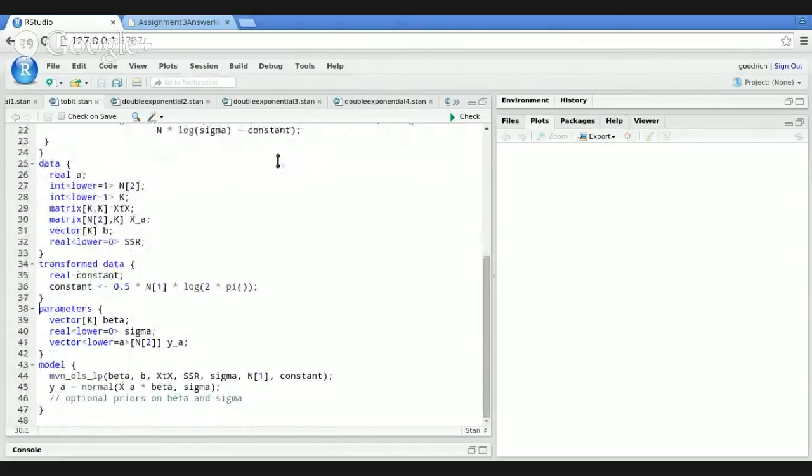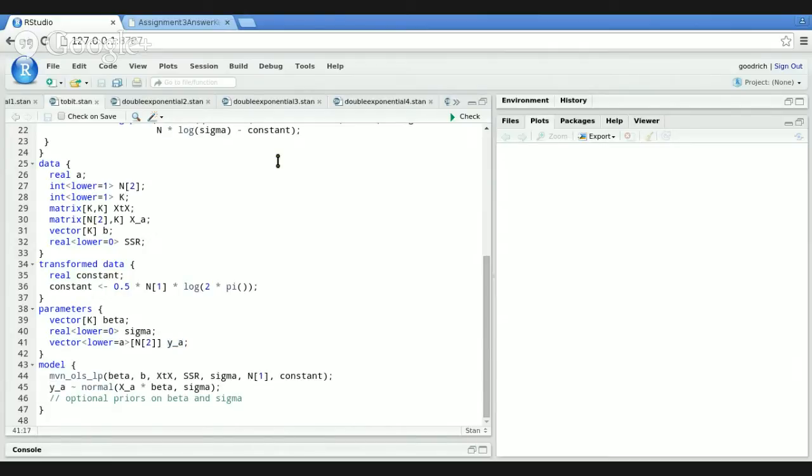It doesn't really hurt anything, but it doesn't affect any of the draws or whether any of the draws are accepted. So in my parameters block, we're going to have a vector of coefficients beta, a standard deviation of the errors sigma, and we're also going to create a vector of length n2, the number of people whose outcome was top coded, and we'll call that y underscore a.